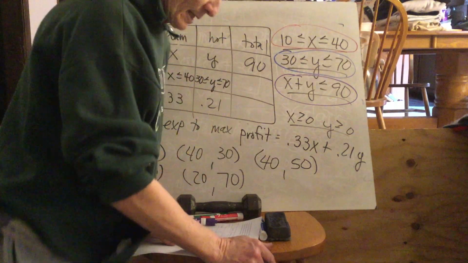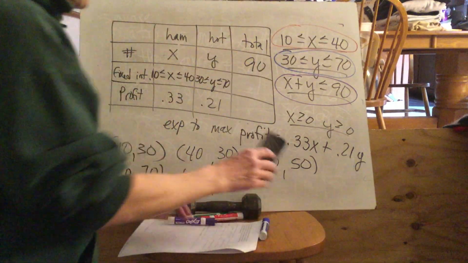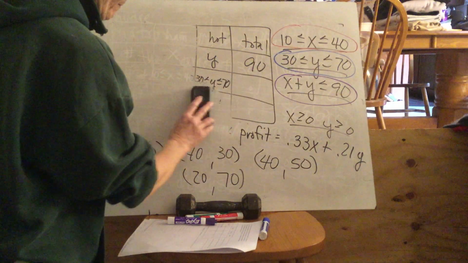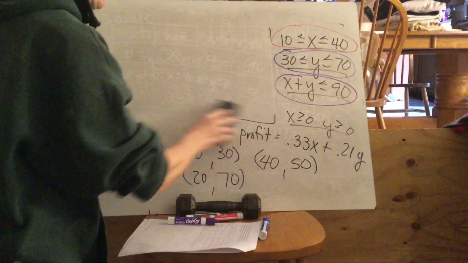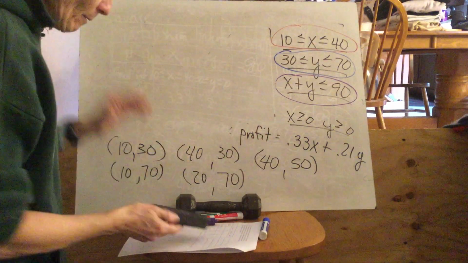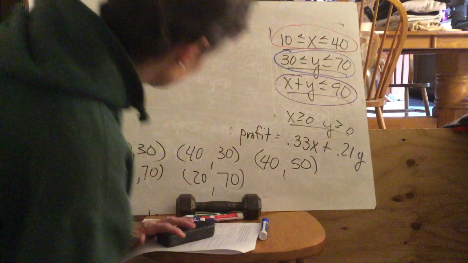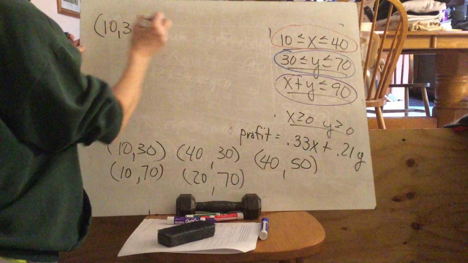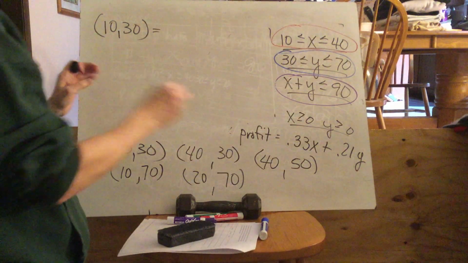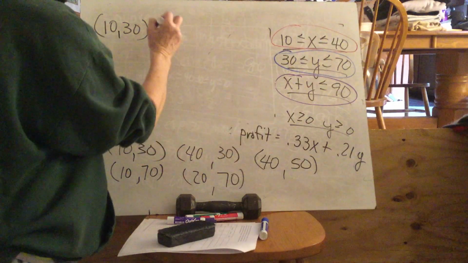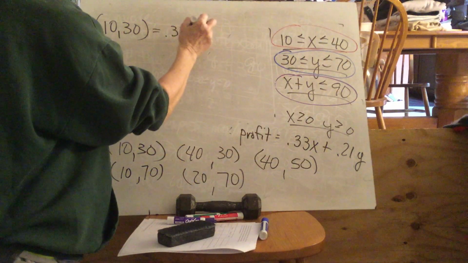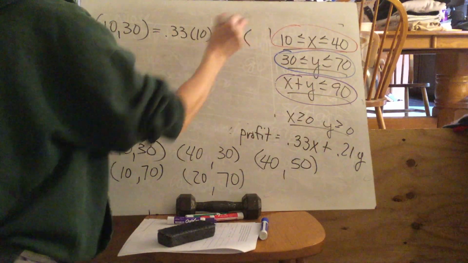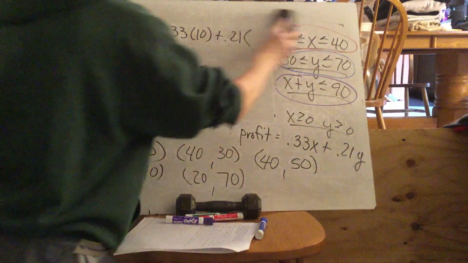Okay? So now what do we do? Well, I'm going to go ahead and erase my chart, so I have a little bit of room to work here. Okay. Now I'm going to take each of these points that I got, so (10, 30), for example, and I'm going to find its profit value by taking 0.33 times the x coordinate and 0.21 times the y coordinate.